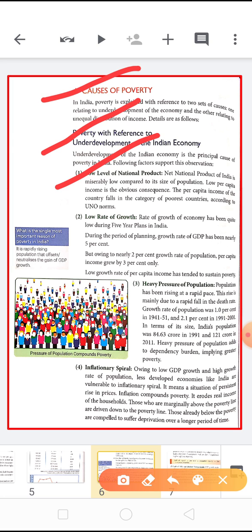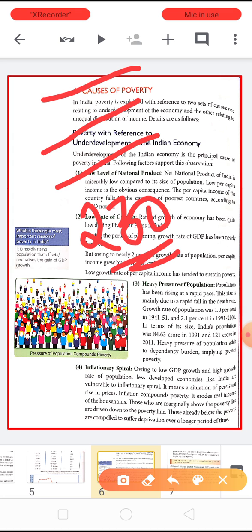I already explained that the Indian economy was a backward economy on the eve of independence, and a backward economy is one in which the per capita income is very low. In the year 1947 to 48, the per capita income in India was only 230 rupees. So the bulk of the country's population was very poor, without sufficient food, clothing and shelter.